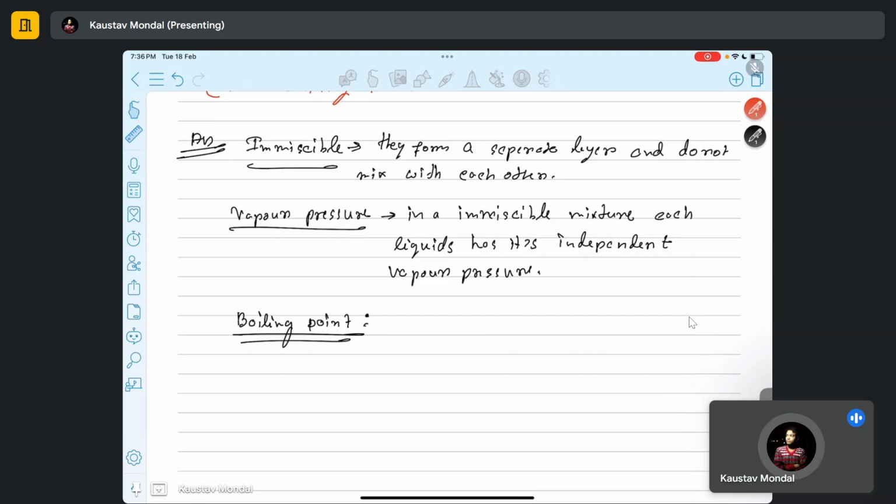So simply here also, in this case, these two liquids are immiscible with each other. So what happens?